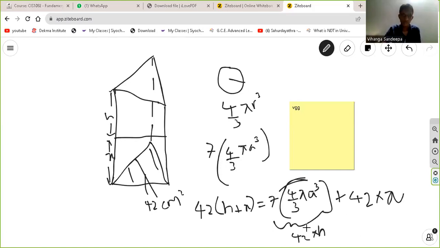Instead of 42 into h, we can substitute 7 into the volume of a sphere. Then we have to make the term a to the power 3 the subject. So how can we do it? Now I am erasing this side.